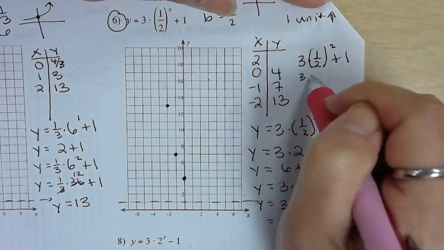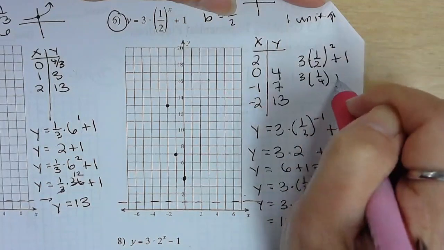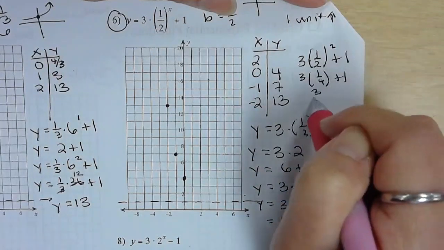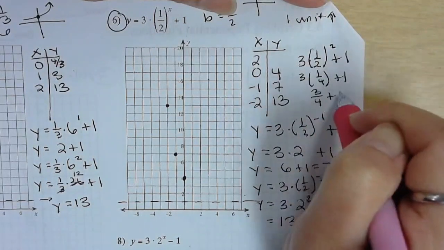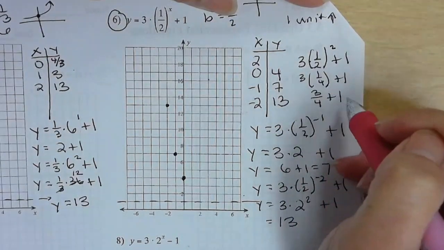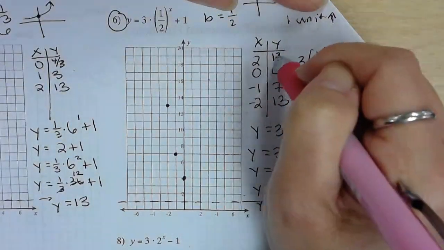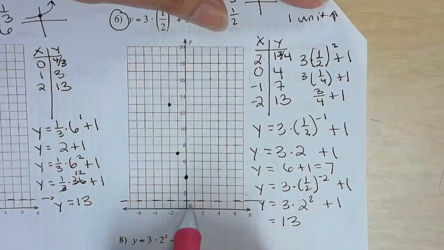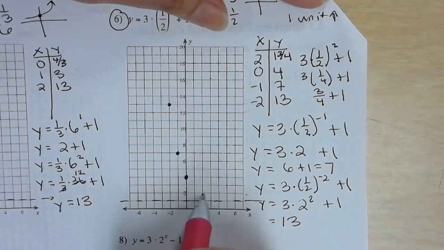Good. So 3 times 1/4 plus 1, which makes this 3/4 plus 1, which makes this 1 3/4. 2 and 1 3/4 is really, really close here.